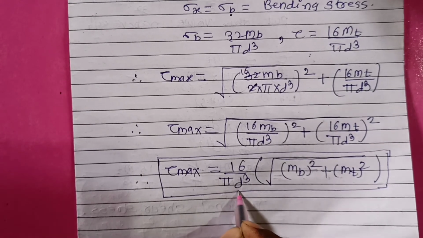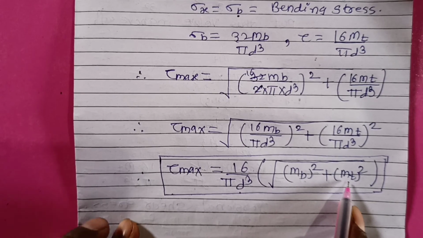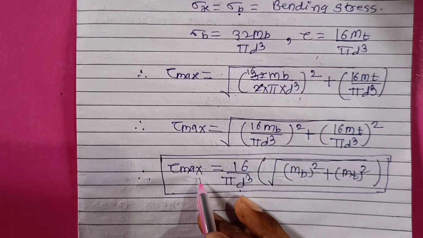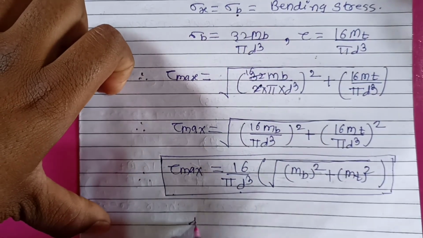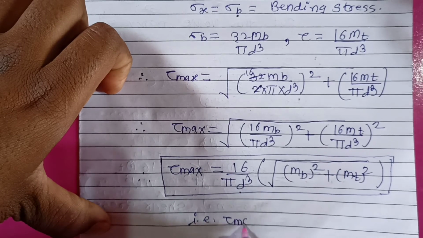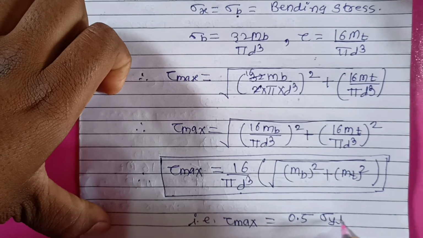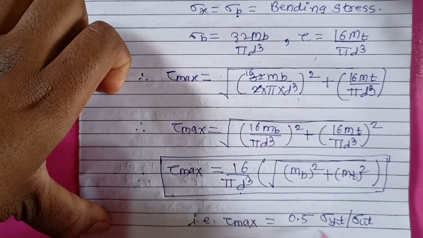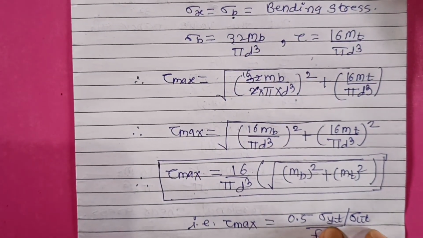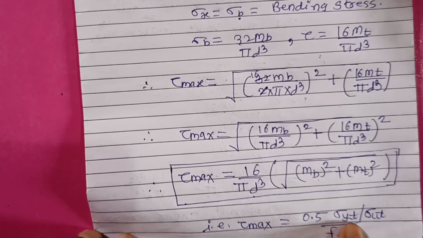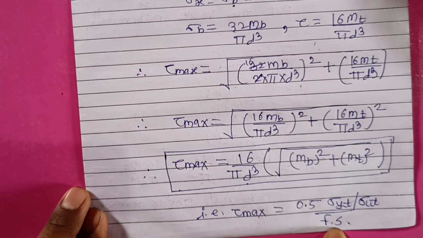D is the diameter of the shaft, and the values of sigma b and tau are given in the problem, and also the value of tau max is given in the problem. If the value of tau max is not given, then another formula is tau max equals 0.5 sigma yt or sigma ut divided by factor of safety. Sigma yt is the yield stress, sigma ut is the ultimate stress, and fs is the factor of safety.